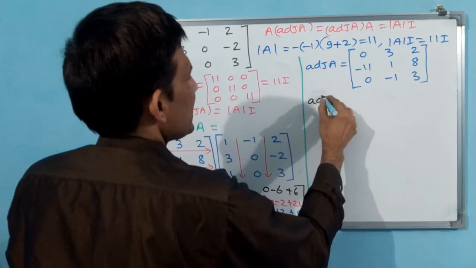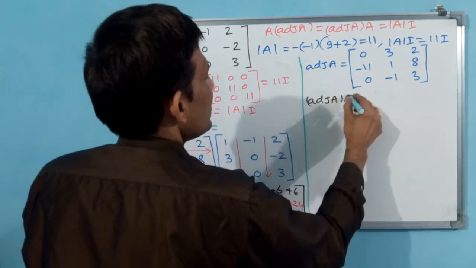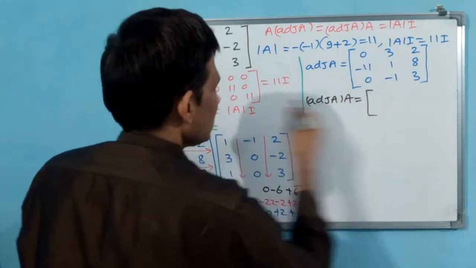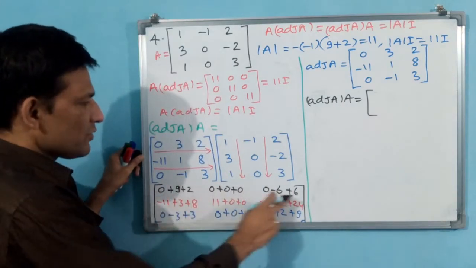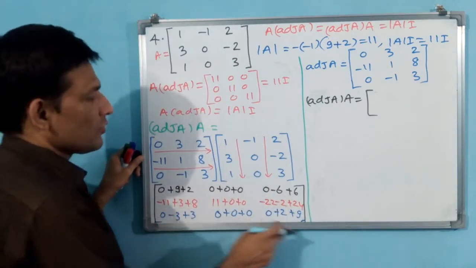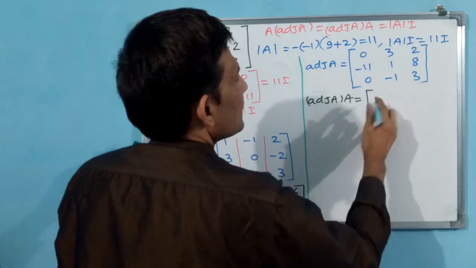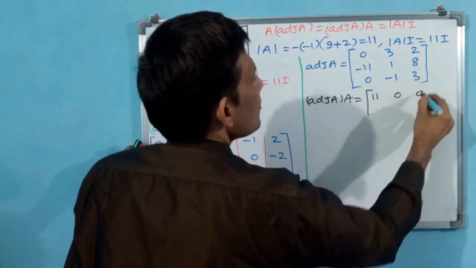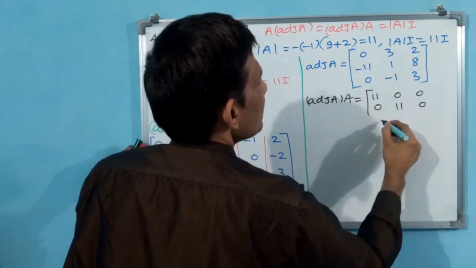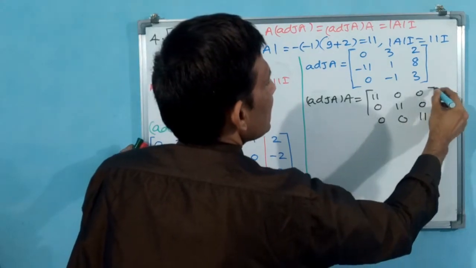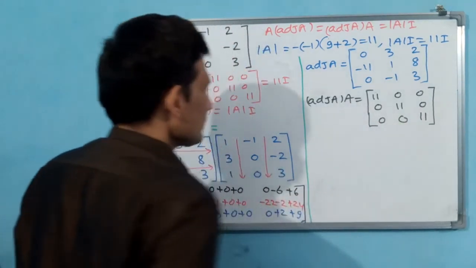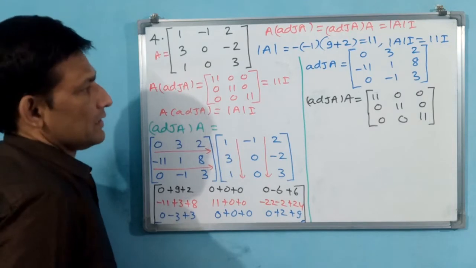Write down adjoint A into A is equal to, you see 11 0 0 0 11 0 0 0 11. Sorry. Is it okay? Okay.